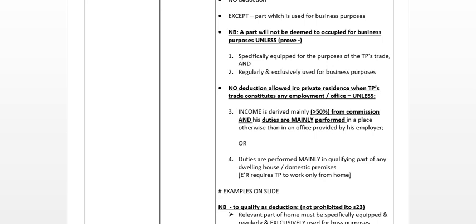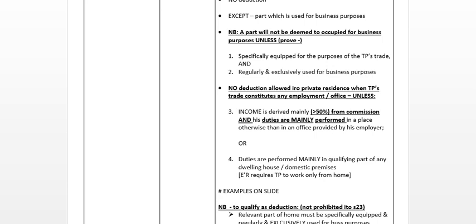Okay. So no deduction is allowed in relation to a private residence when a taxpayer's trade constitutes any employment or office, unless income derived mainly, more than 50%, is from commission and its duties are mainly performed otherwise than in an office provided by his employer.